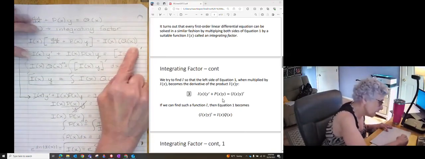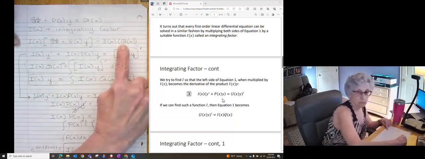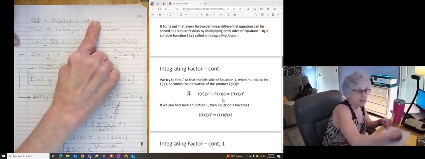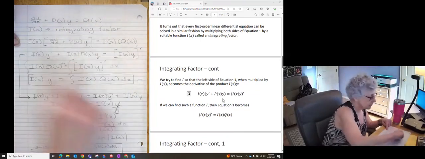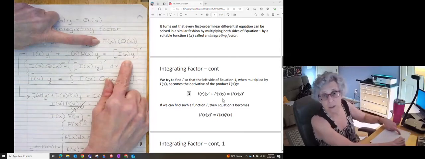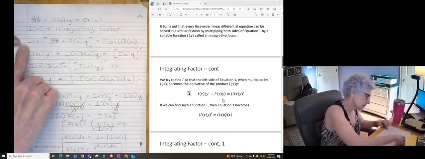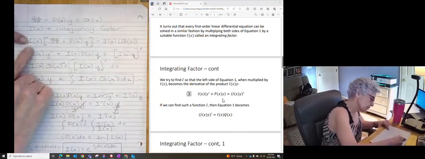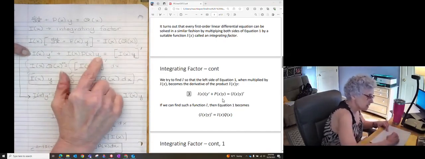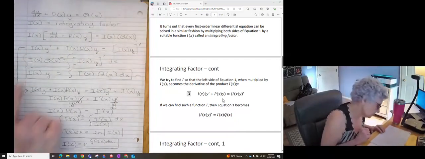If I can figure out what this I needs to be so that this is equal to that, well, it also has to be equal to I times q, because that's from the original equation. So I'm going to have to multiply both sides. So I times q is going to have to be equal to this derivative, the derivative of I times y. And the derivative of I times y needs to be equal to I times y prime plus I times p times y, because that's the two sides of my equation.